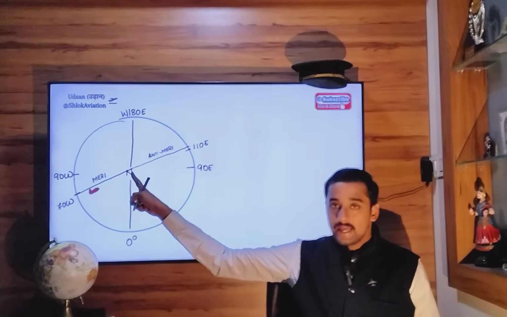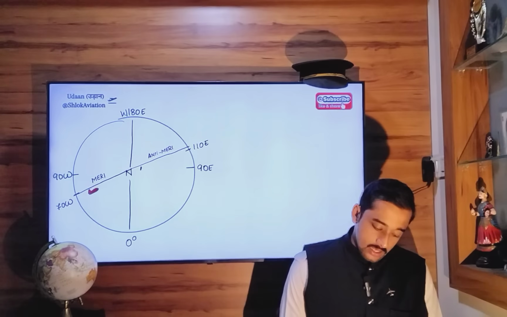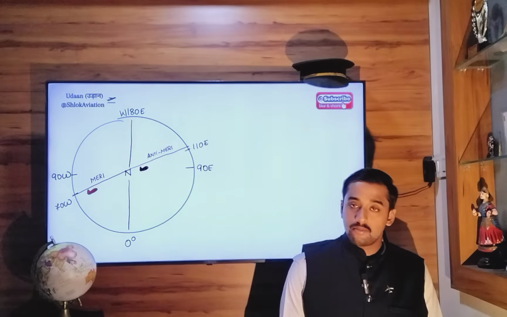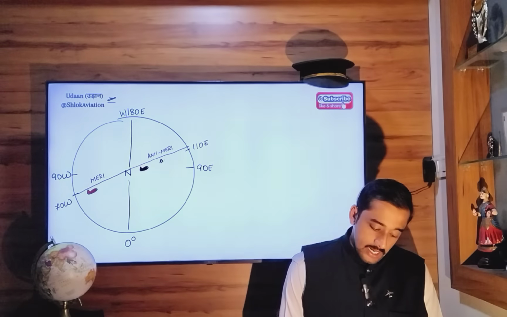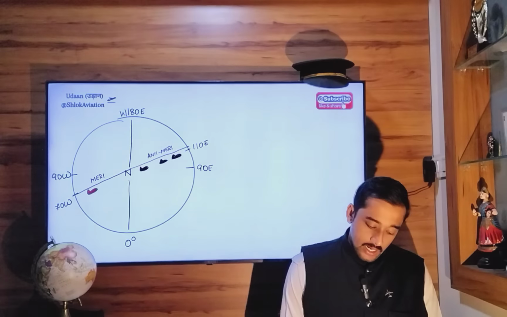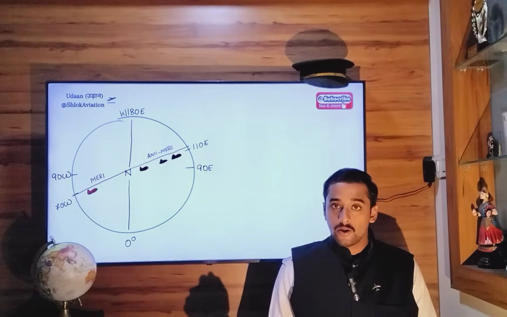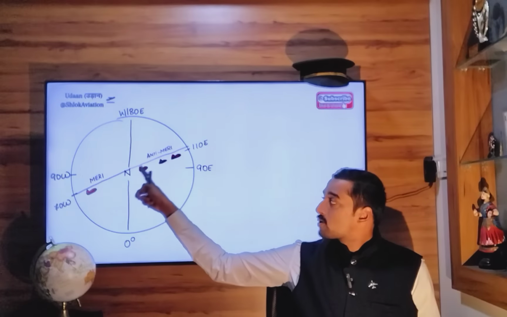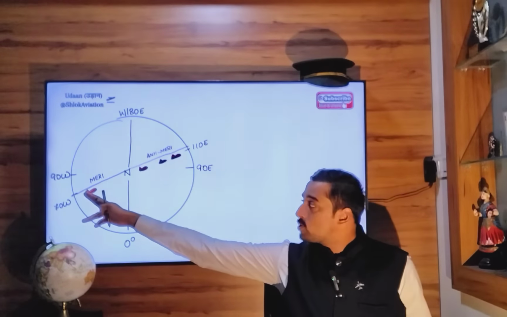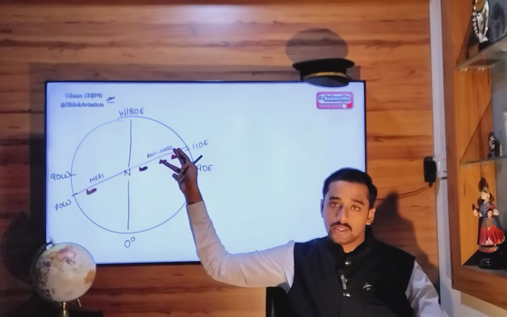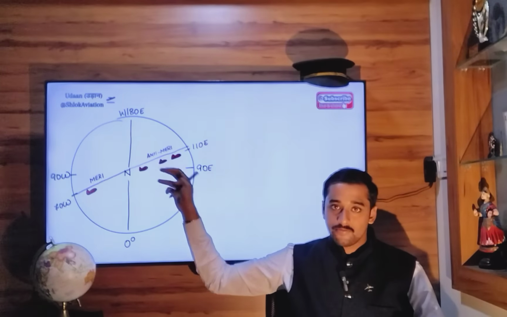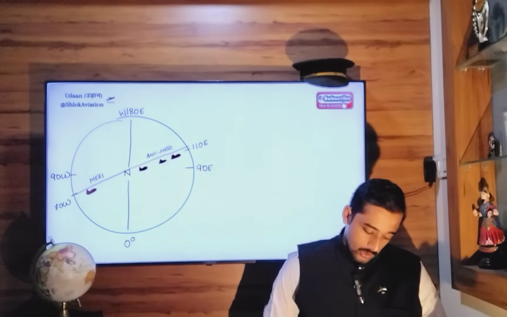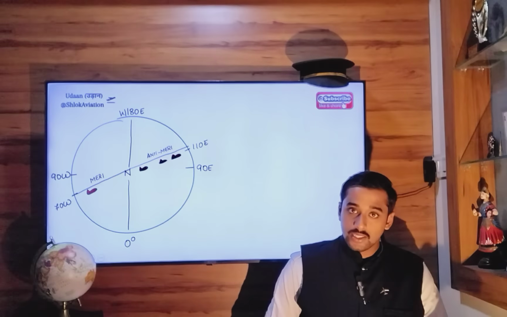Fly a northerly direction and then enter the opposite hemisphere of the earth from western to eastern hemisphere and now fly southerly direction and go towards 110 degree east. So you will be flying across the north pole. That will give you a straight line distance, which is the shortest distance. If you follow any other path, it will be a longer distance, right?